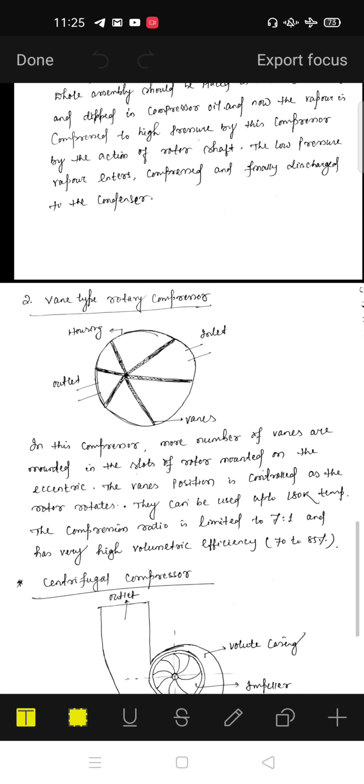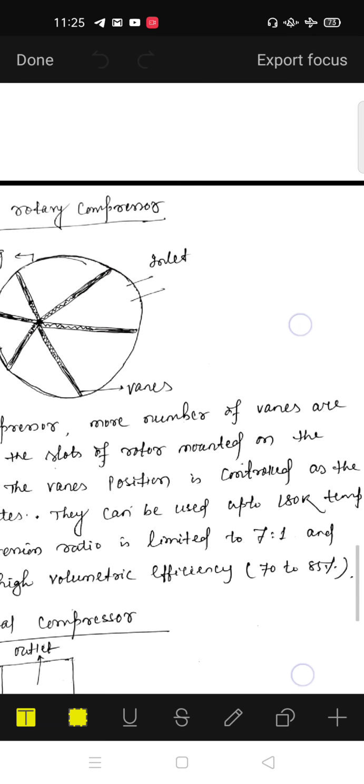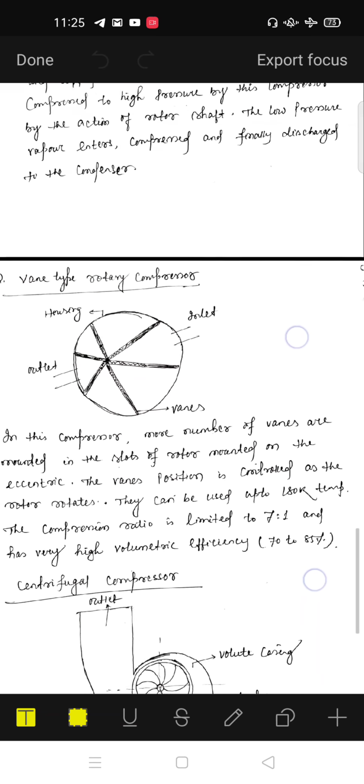They can be used up to 180 Kelvin temperature, and the compression ratio is limited to 7:1 and has very high volumetric efficiency. So this is the simple working of vane type rotary compressor, and it is basically used for high volumetric efficiency, and remember its compression ratio is 7:1.